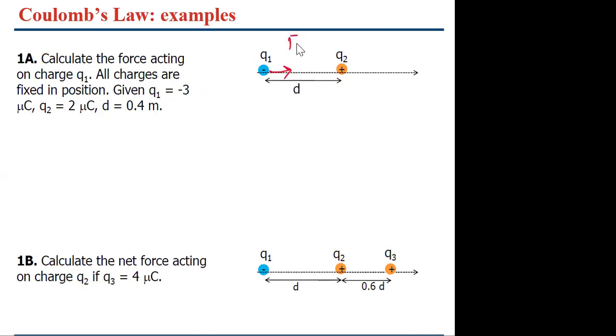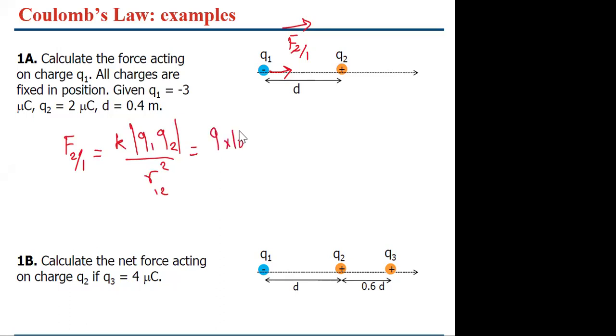This is F2 on 1 exerted on Q1. According to Coulomb's law, F2 on 1 is K Q1 Q2 over R squared between 1 and 2. Direct application.